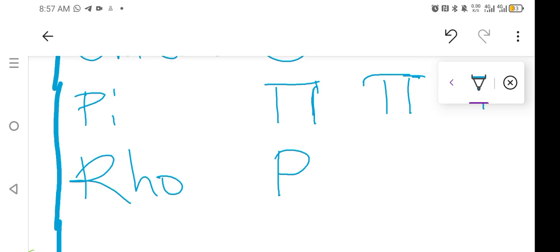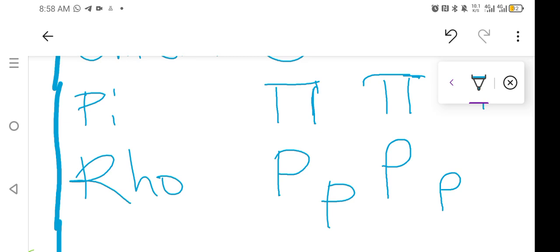The lowercase is very similar. The difference in the lowercase is that you start with the base of the rho, and then as you come up, you do the curve on top, right? You notice that? So think of the base first and then the rho, just smaller. So the uppercase is completely straight up, and then the curve like you're writing the actual uppercase P in English, that is rho, uppercase.